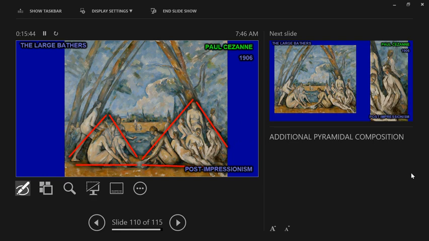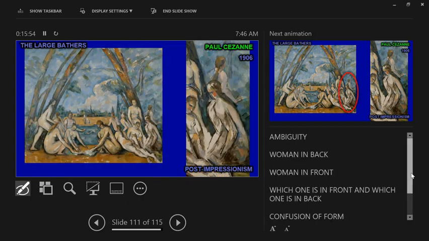All right, these two groups of women create these two other triangles. And then I want to look at the one on the right. There's an ambiguity there. It looks like two women are occupying the same space at the same time. And here's where I get into my science fiction, this is a time machine kind of moment.